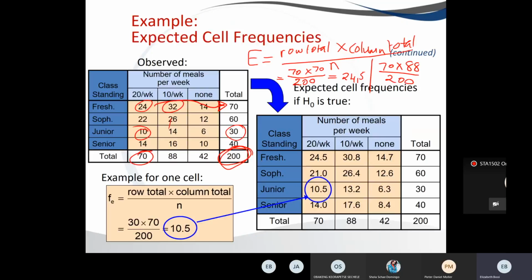So if we go back to this table, we can count how many rows we have. We have 1, 2, 3, 4 rows. And how many columns do we have? 1, 2, 3 columns. We don't count the totals. So we have 4 rows and 3 columns.